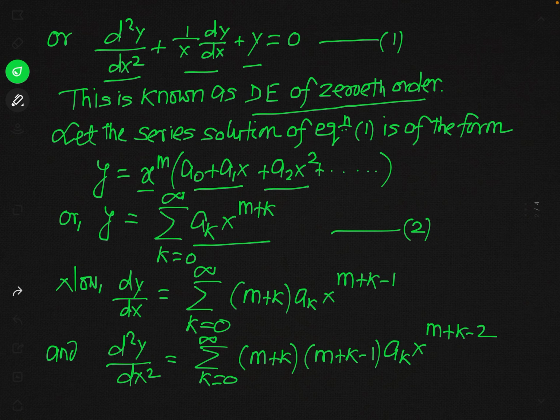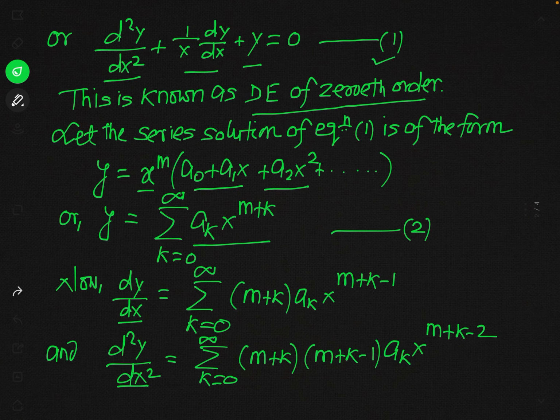Now, first of all we will find the derivatives dy/dx and d2y/dx squared, and then substitute the values of y, dy/dx and d2y/dx squared in this Bessel equation of 0th order.